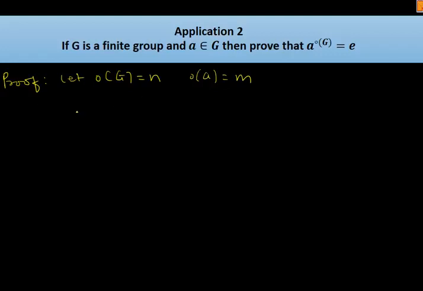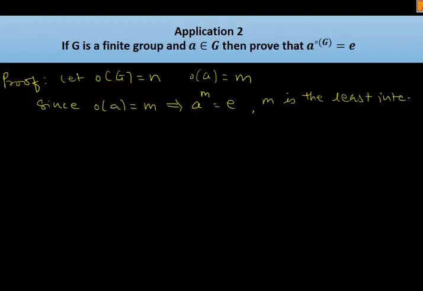Since the order of element a is equal to m, therefore a to the power m is equal to e by the definition of order of an element, where m is the smallest or least integer. Let me call this equation number 1.